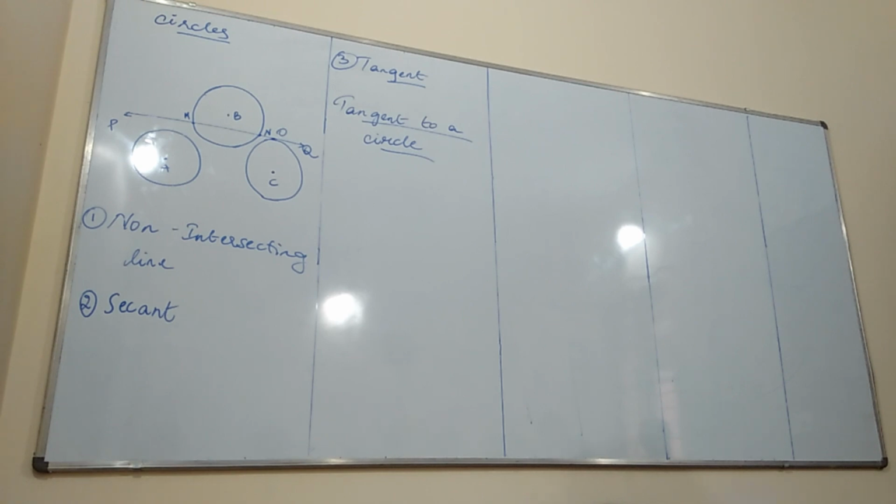Please get clarity. Definition only: the common point of the tangent and the circle is called a point of contact, and that is nothing but the radius only.